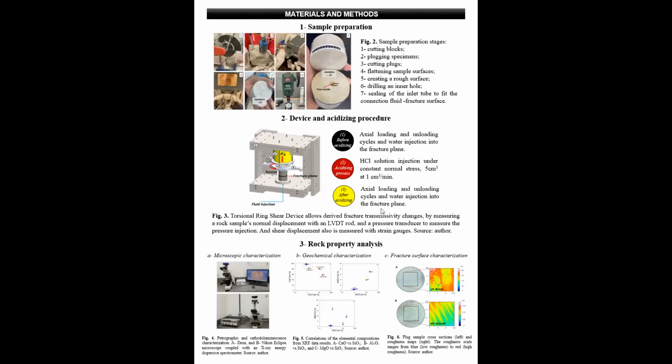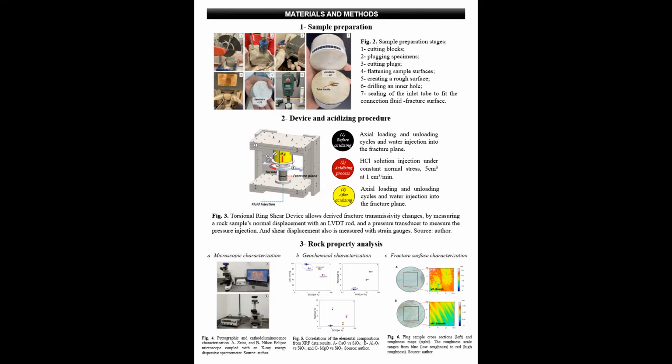Regarding the experimental device, the experiments were carried out using a torsional ring shear device, a custom-made equipment at Costa University. This device allowed applying a normal stress and a torsional displacement while injecting a fluid into the fracture planes. Results of torsion are not shown in this presentation.